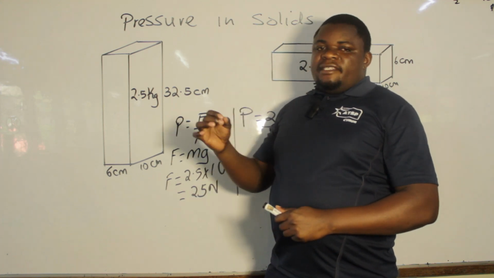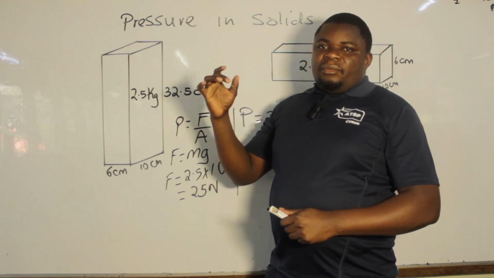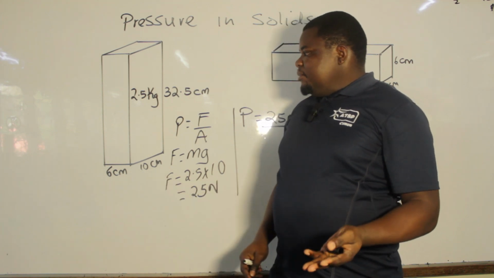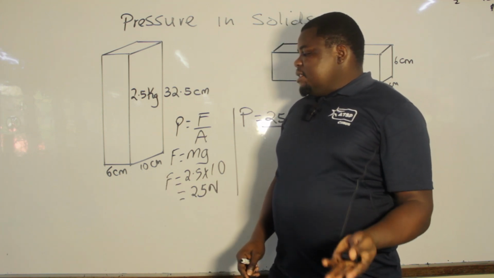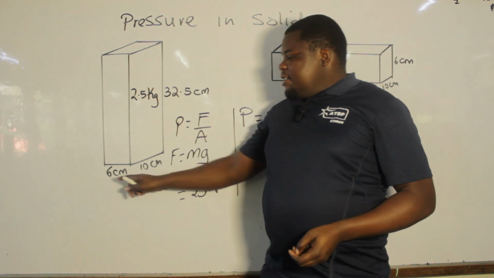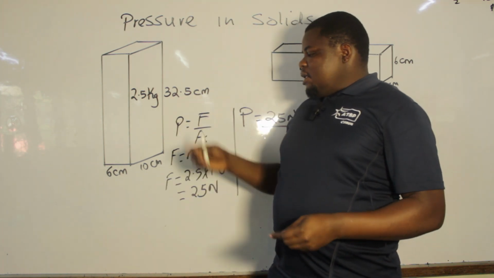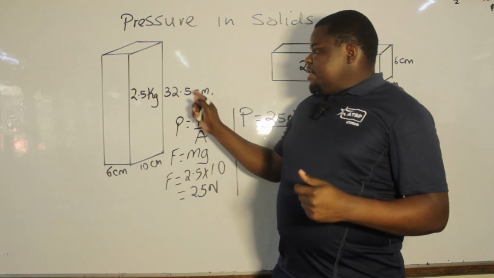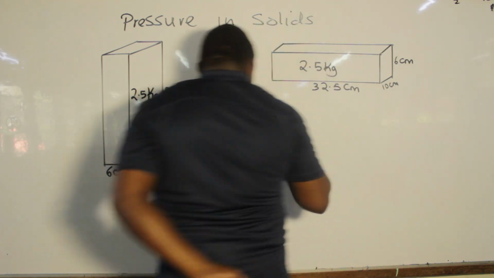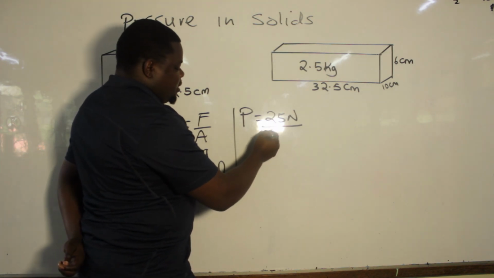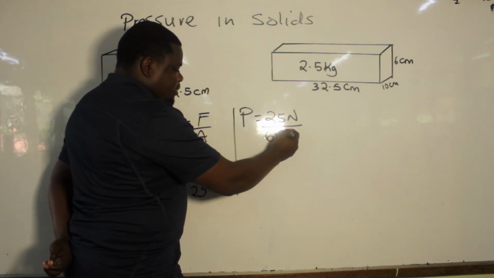We take the least area possible. So in this case 6 by 10 is the minimum. That gives us 60 square centimeters, and not 6 by 32.5, and also not 10 by 32.5. So our least area will be 6 by 10.